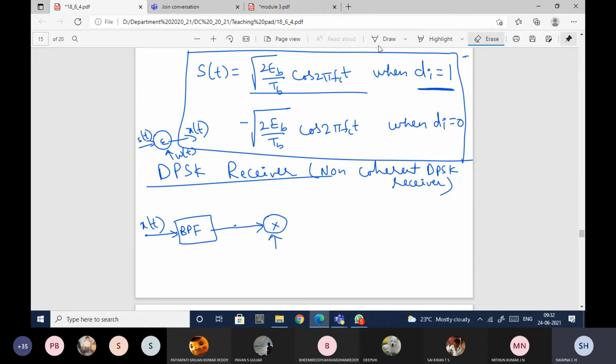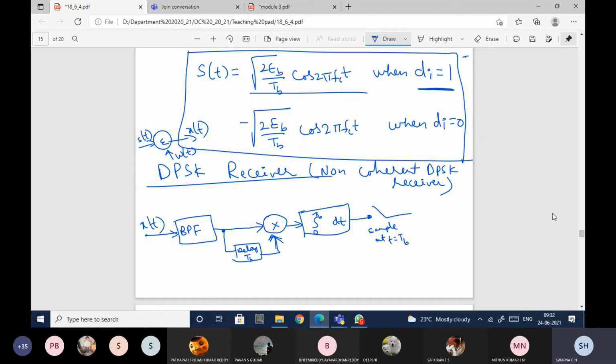Instead, I will delay the signal by TB and take the same signal, and give both to the multiplier. Then after the multiplier, I'll give it to the integrator, 0 to TB dt, and then I'll sample it at t equal to TB.